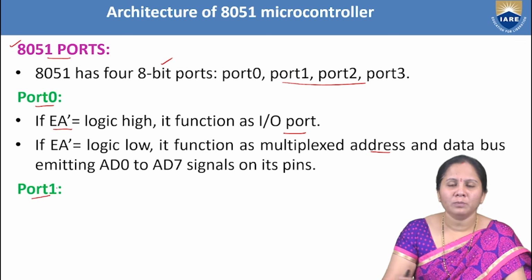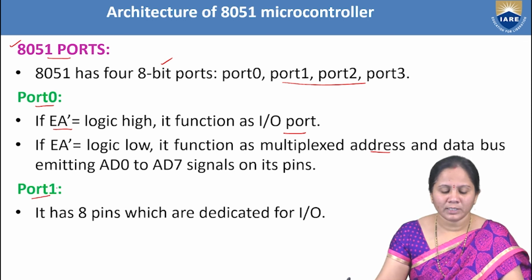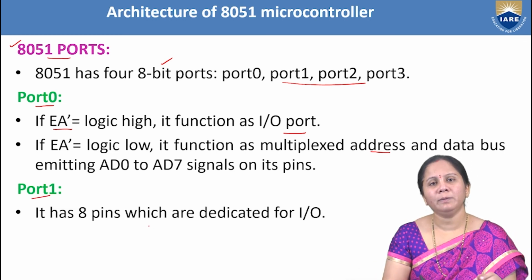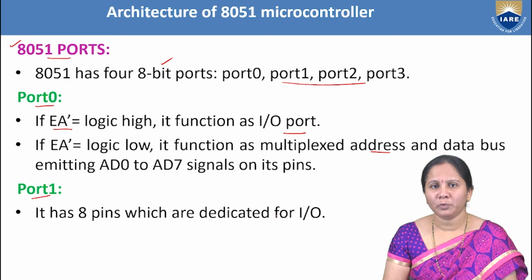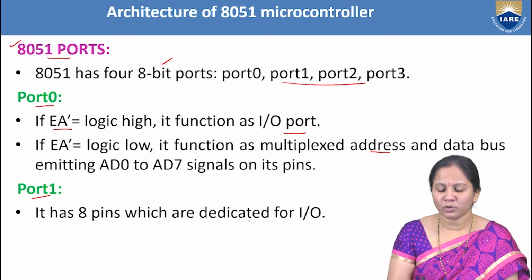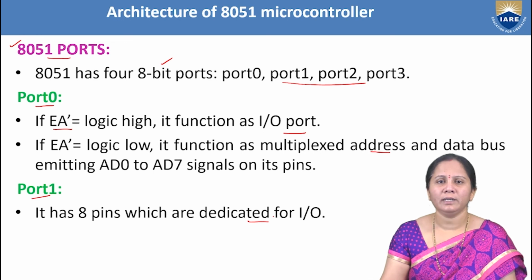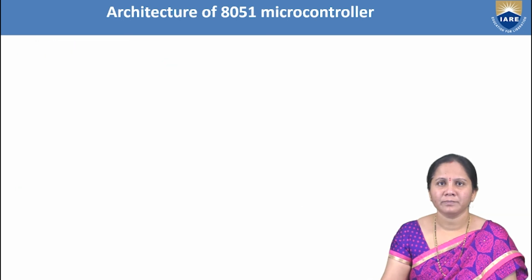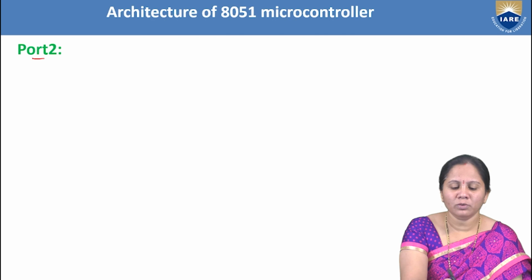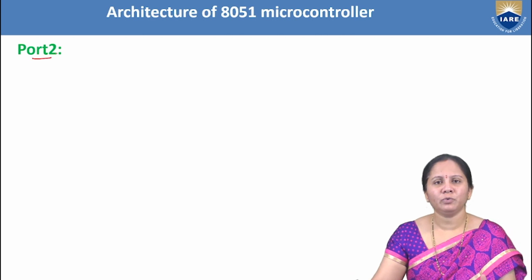Coming to port 1, it also has 8 pins, but it does not have 2 functions. It is meant only for IO port pins, with no dual operation. That is why it is called a dedicated IO port. Now coming to port 2, it has 2 functions.